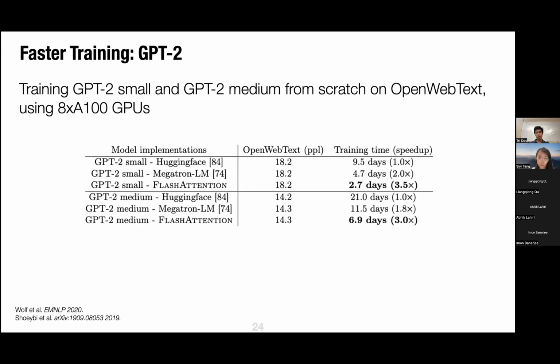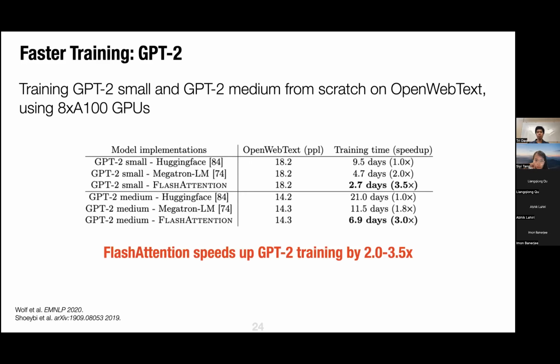And we see that we get the same quality. In terms of training time, we're about 3 or 3.5x faster than Hugging Face. So again, if you're using Hugging Face, you're leaving about 3x on the table. And the models are the same. We're not changing the model. We're only changing the algorithm and the implementation. So the upshot is you get faster training for a bunch of these transformer-based models.